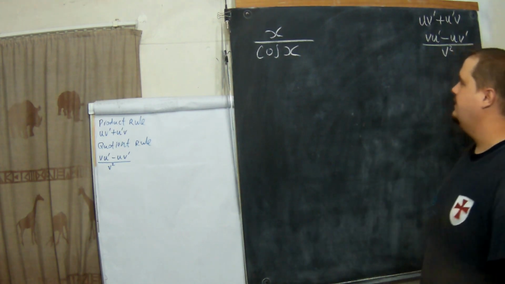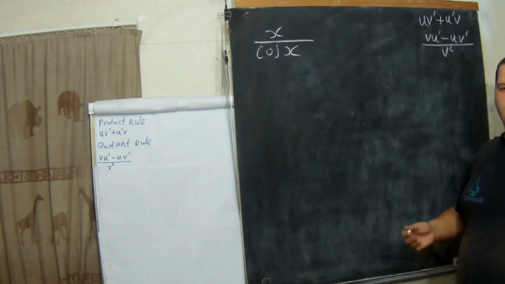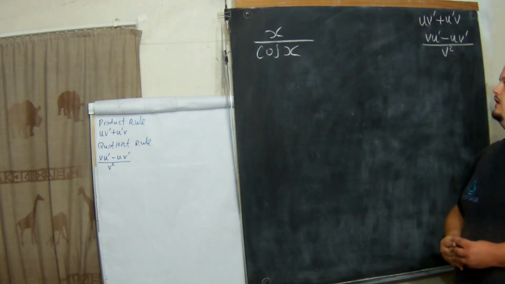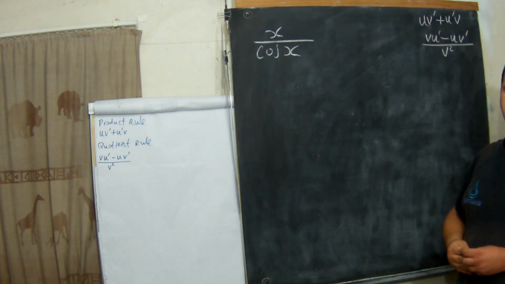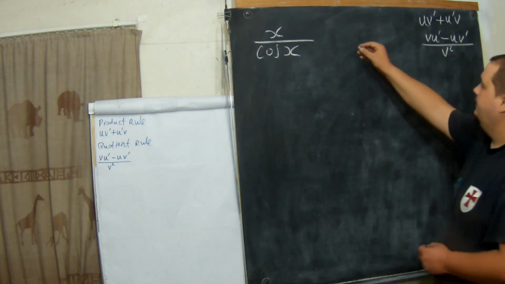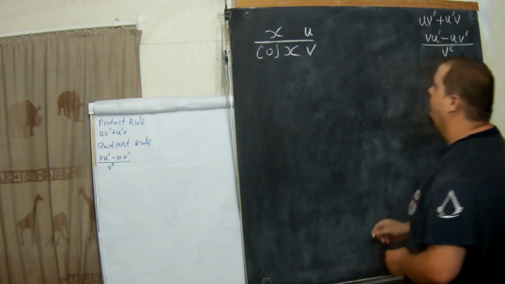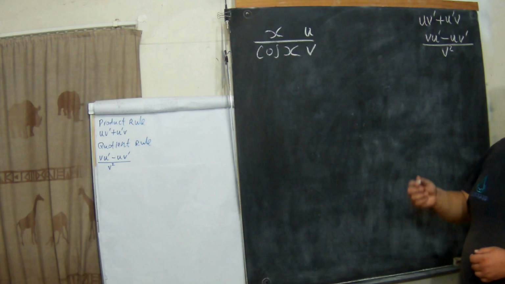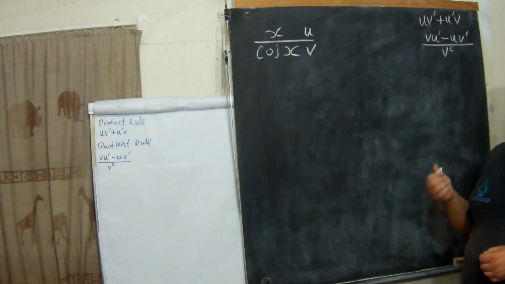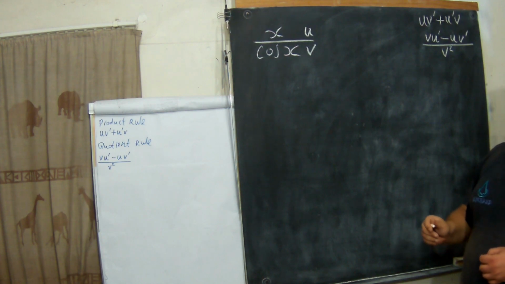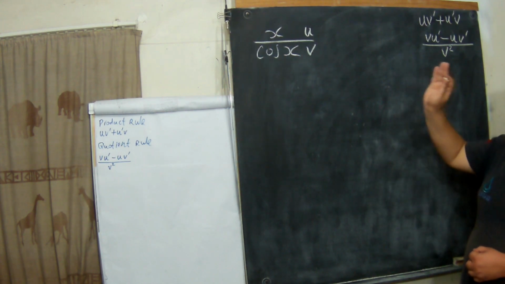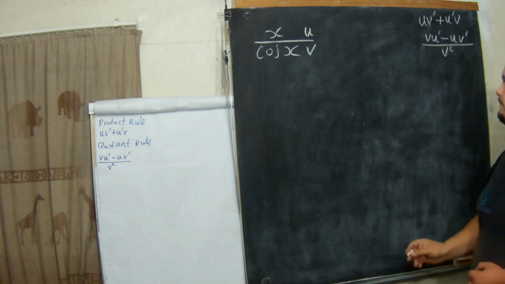x over cos x. Now, what we need to understand with this one is it is a quotient rule, because it is U and V. With a quotient rule, U will always be your numerator and V will always be your denominator. It doesn't matter what sum it is, if it's a quotient rule, those will be the roles.